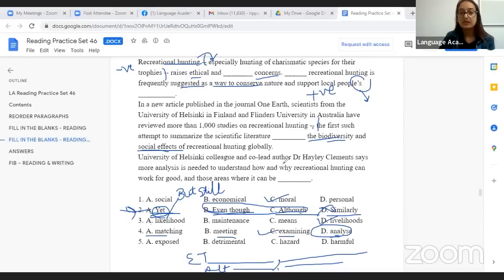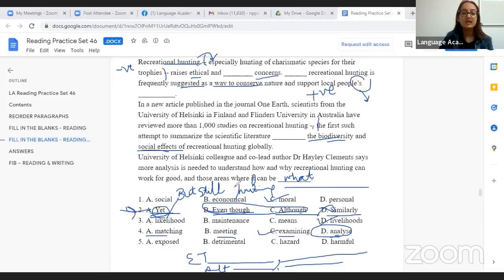This university's co-lead author says more analysis is needed to understand how and why recreational hunting can work for good, and those areas where it can be dash. So it can be what? It means hunting. So you always question yourself on what the pronoun is used for. If you read it, a lot of options will match, but if you read hunting in place of it, some of the options won't match.